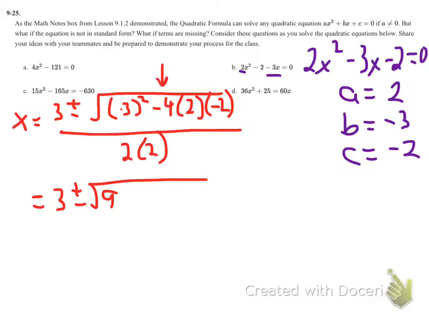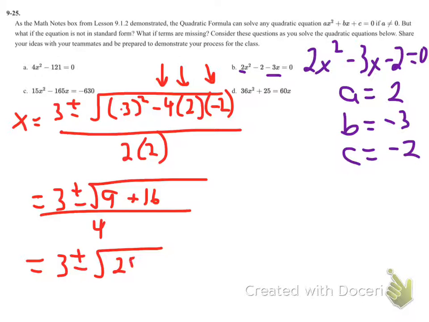Negative 4 times 2 times a negative 2 is going to be also positive. That is going to be a positive 16 divided by 4. So I now end up with 3 plus or minus the square root of 25 over 4. Taking the square root, I get 3 plus or minus 5 over 4.